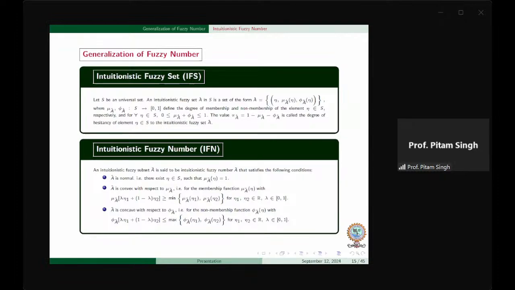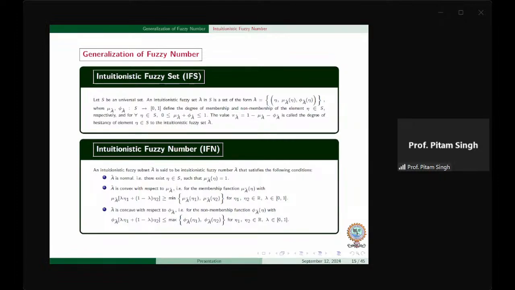But as we know, in fuzzy set theory the boundaries are not sharp, they are unsharp. So we have generalized it with the help of the membership grade and the non-membership grade.